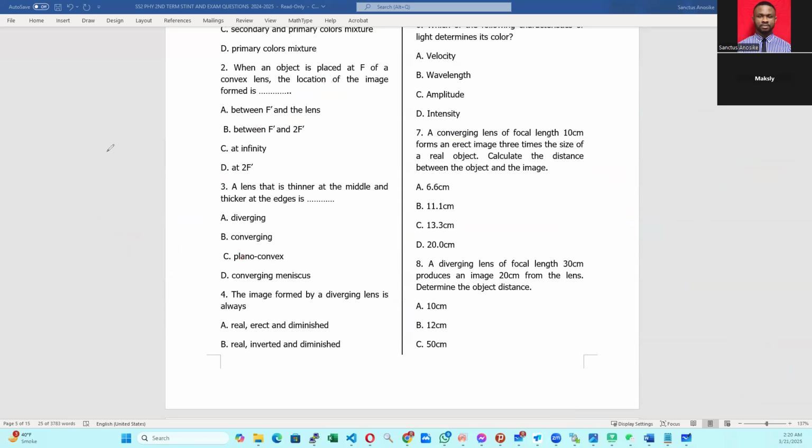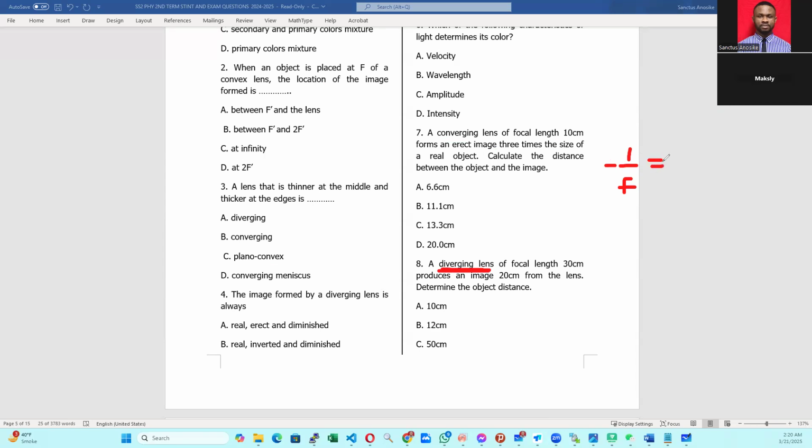Now we have that diverging lens. You see another trigger, diverging lens. Without being told, I already told you that once you see diverging lens, we're talking about concave lens, and you have to just quickly write down the formula. Minus, because a diverging lens has a virtual focus, so you have to put minus.